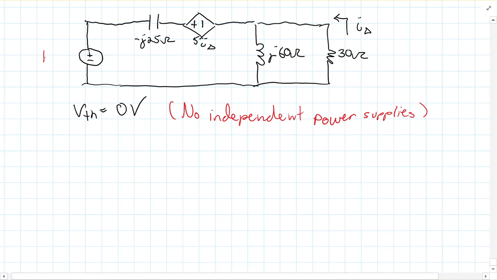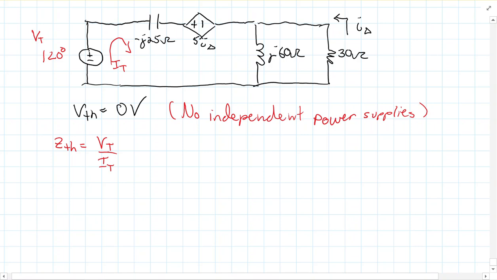You can pick any test voltage, but I'm just going to do one at an angle of 0 degrees, because this is in polar here. And so this is my test voltage, V test. And then what I need to figure out is, if I draw a loop like that, this would be my I test. And so Z Thevenin would equal V test over I test.